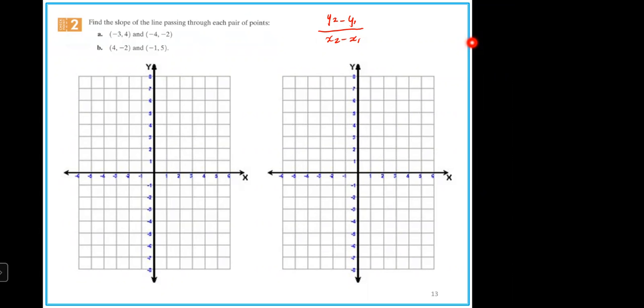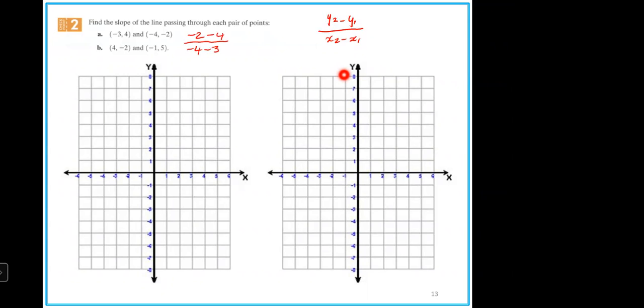Miss Fernanda, I heard from you already. What did you do for A? I have -2 minus 4 divided by -4 minus 3. So that's equal now to -6 at the top, divided by -1 at the bottom.